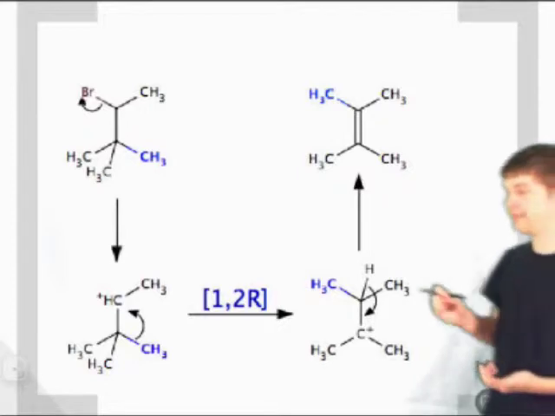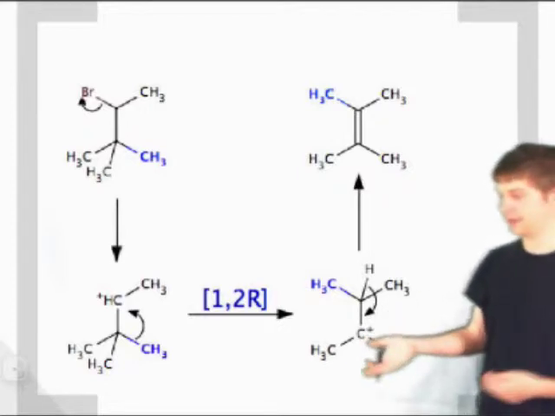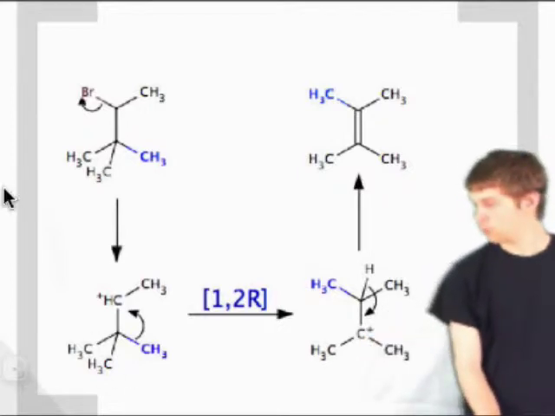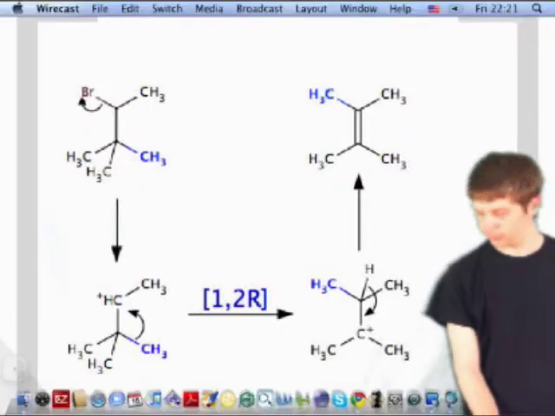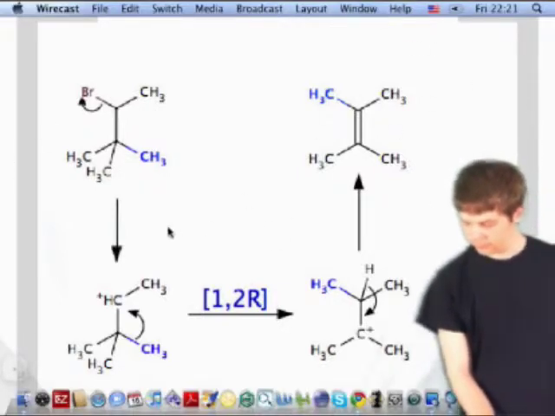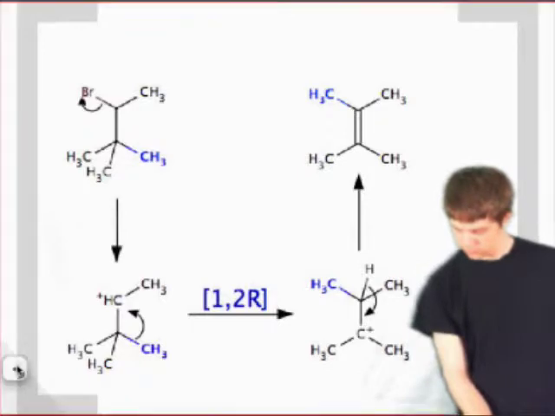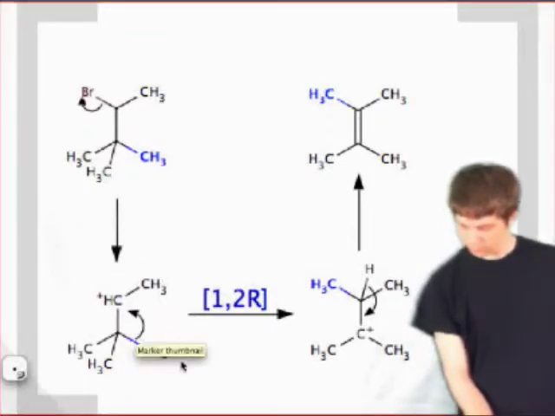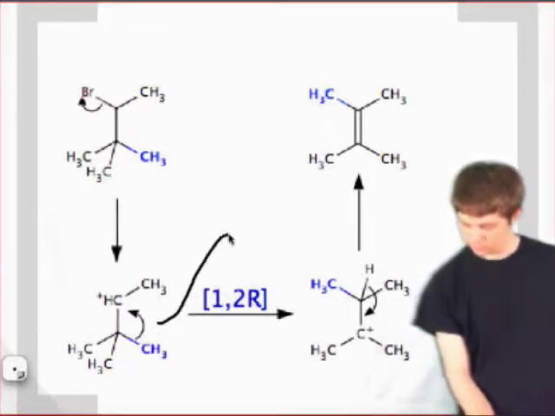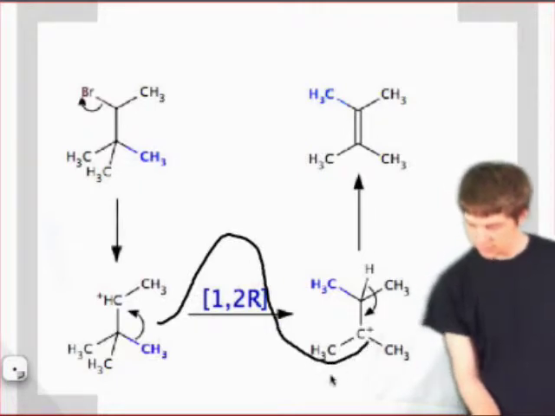And so we've stabilized that intermediate, and this reaction is in fact overall downhill. So if I were to draw a reaction coordinate diagram for it, what I would see is that going from reactants to products, I would actually generate a more stable compound.